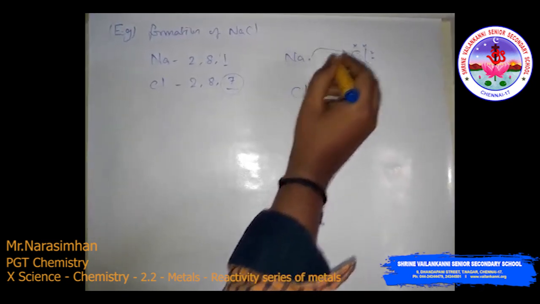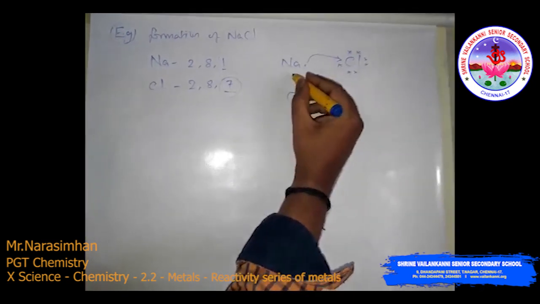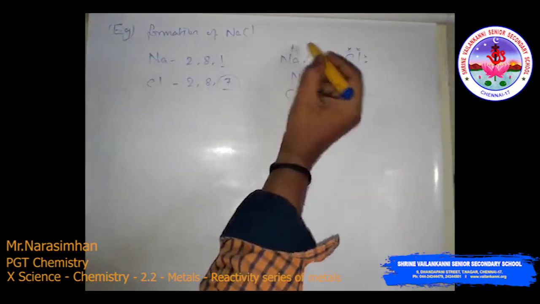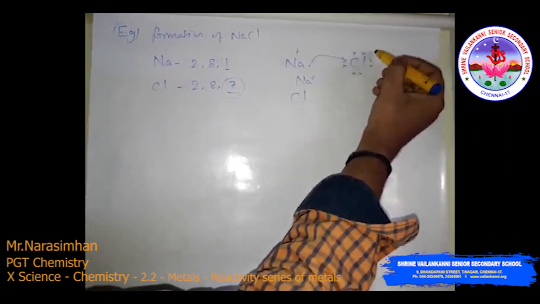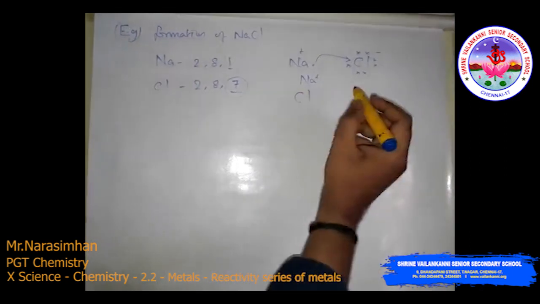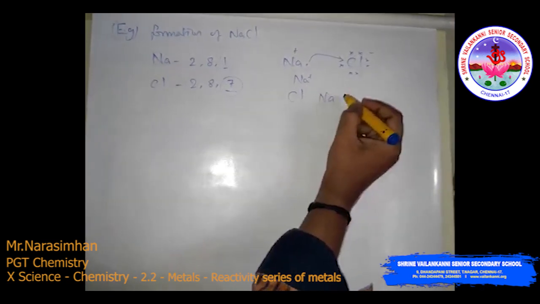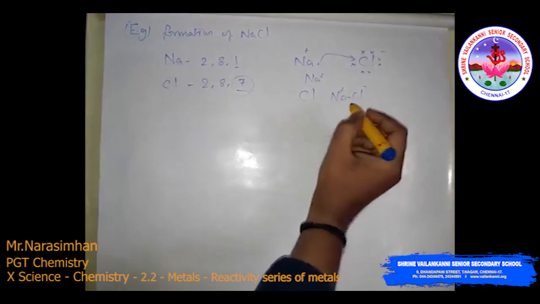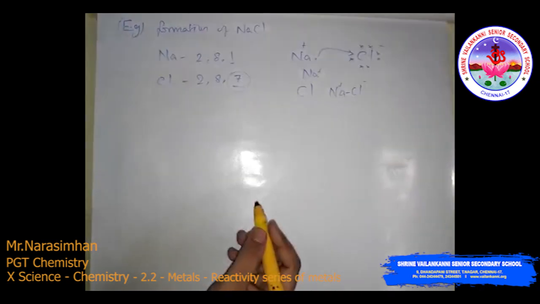Sodium loses 1 electron, so it has a positive charge, and chlorine gains 1 electron, so it has a negative charge. So this is the formation of NaCl, Na plus and Cl minus. The bond in between is called an ionic or electrovalent bond.